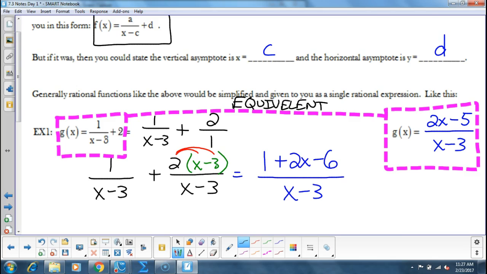It's like saying 3/4 is 6/8. They both are the same value, but they're just written a little differently. And this second way over here is the more common version that you will see of rational functions.